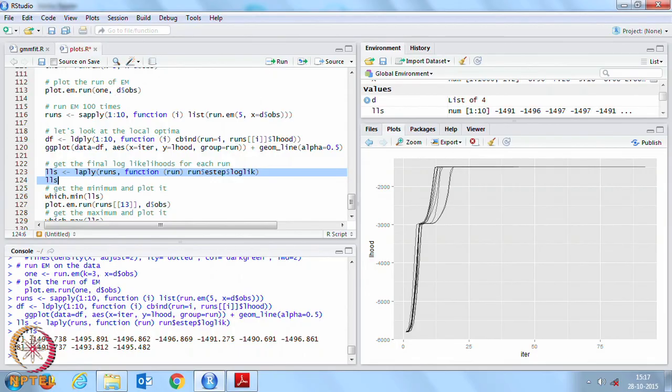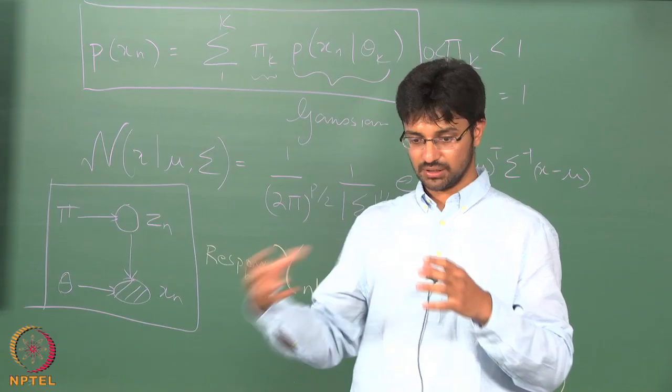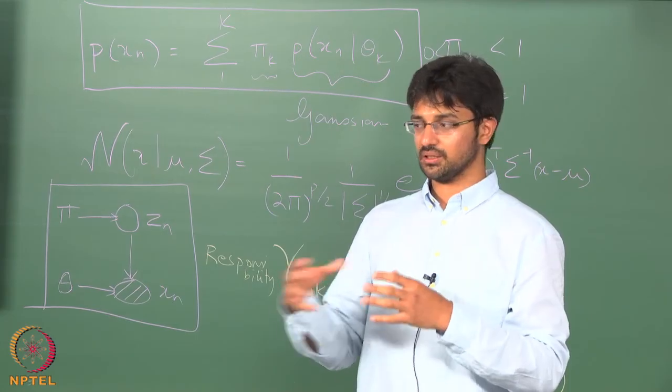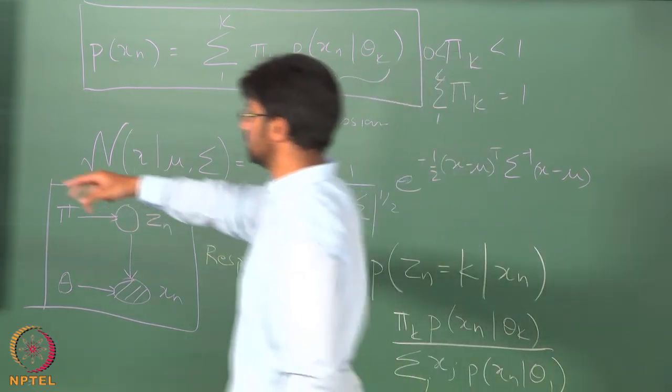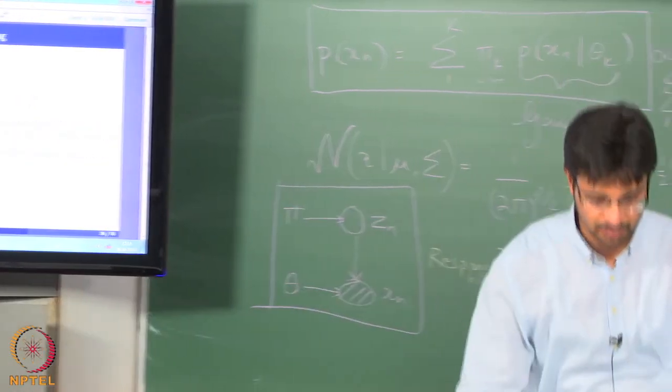Now let's look at these 10 likelihoods. These are the 10 values when we stopped the iteration. Usually, if you see the slides, you will see that I have always put t here, which is a hard bound on the number of iterations, because sometimes the likelihood may not converge. So, we usually give an upper bound on the number of iterations and stop it there.